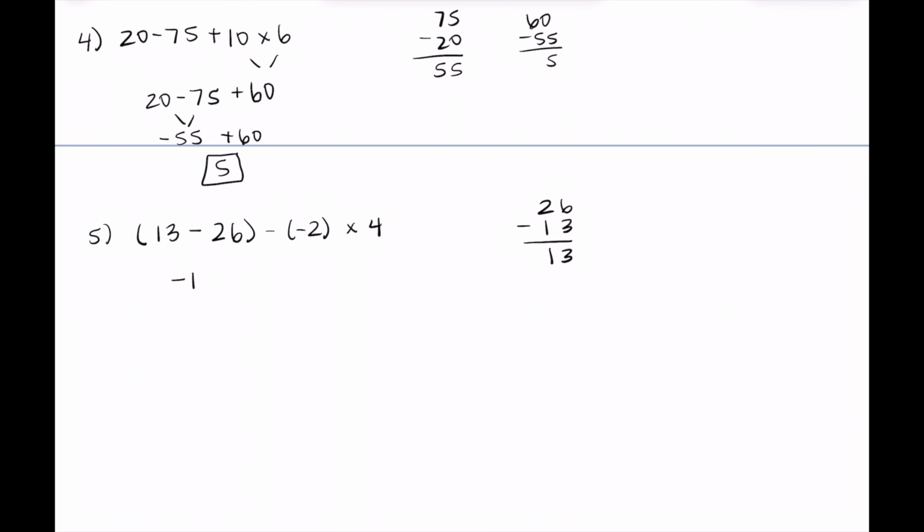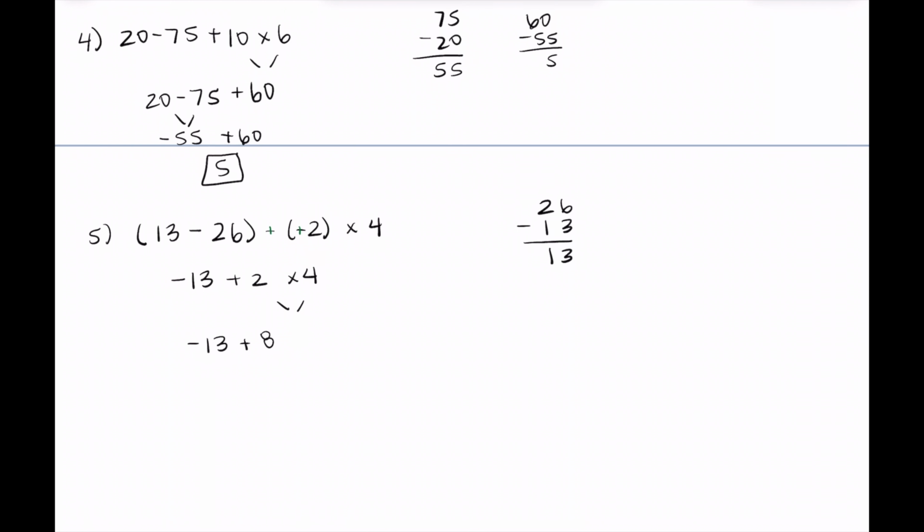And now we'll look at the rest of our equation. Now we have minus negative 2. So again, this is the double negative rule that we've gone over in another video. The double negative rule, both of those will turn into a positive, so that turns into a plus 2. When we rewrite our equation, we have a 2 times 4 now. We have to do that first because it's multiplying, right? PEMDAS, 2 times 4 gives us 8.